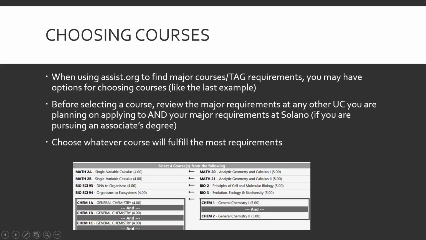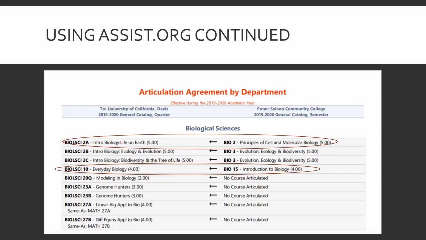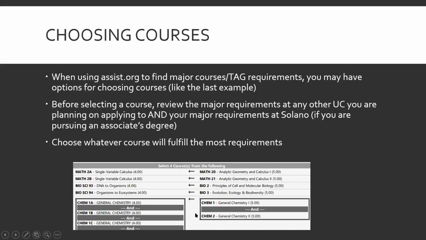So some things to note: if you're going to apply for multiple UCs, you want to make sure you're choosing the course that will actually work for multiple UCs. For instance, if you have the choice between Bio 2 and Bio 15, but you're also trying to complete the requirements for another UC, you can see that in this major, Biology 15 is not one of the options.